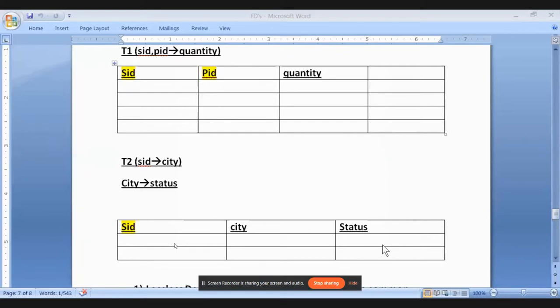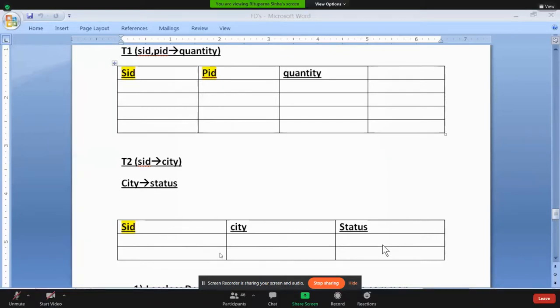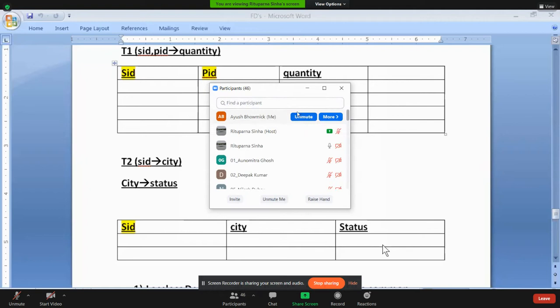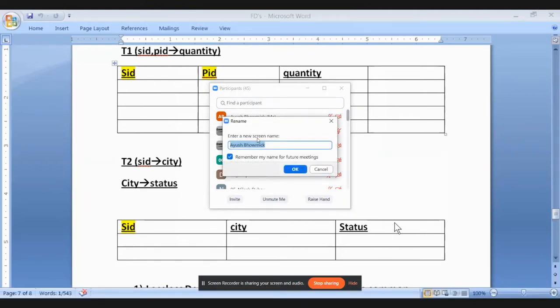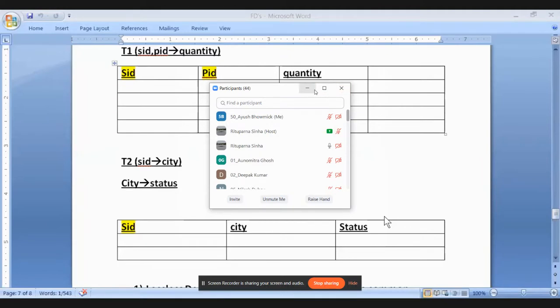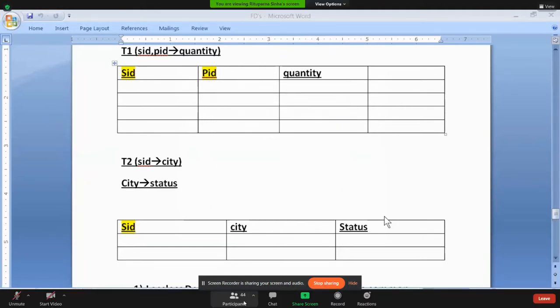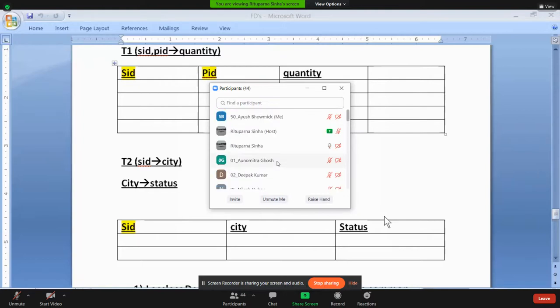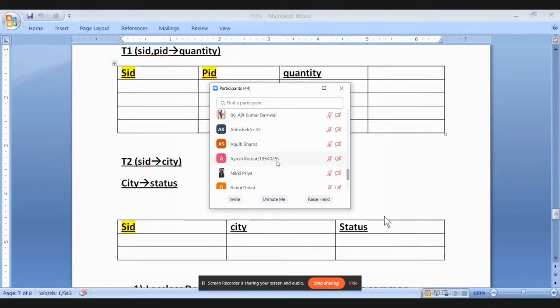Ritesh Gupta, is he there? Ritesh Gupta is also not there. Sunny Kumar, are you there?